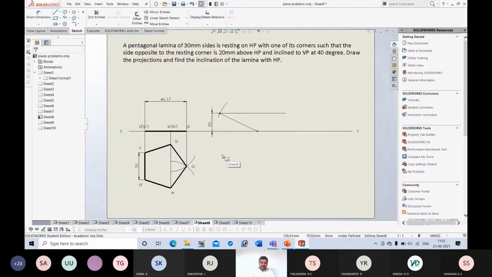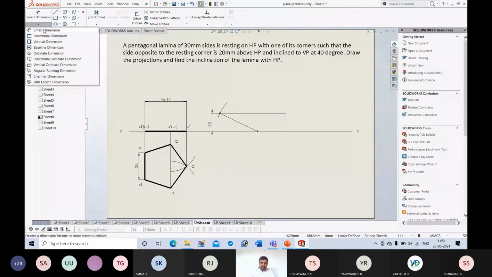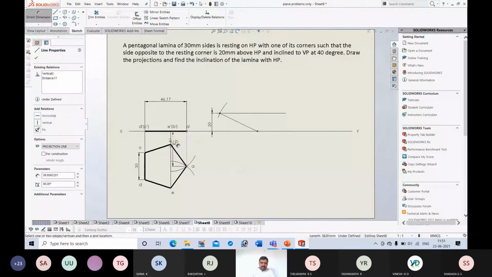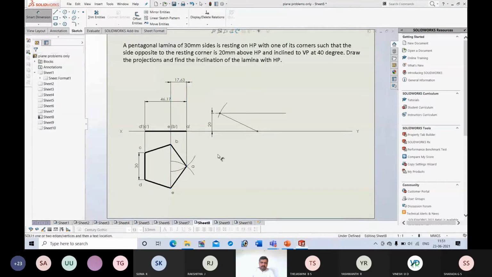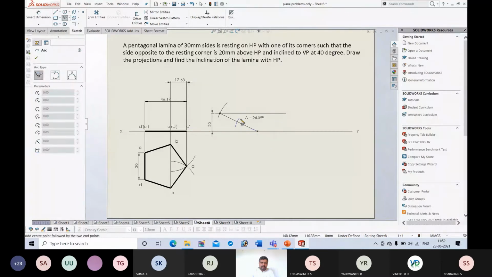Next, locate E dash B dash. So take the distance between A dash and E dash B dash using the compass, one point on A dash, another point, the tip of the pencil, on E dash. Take this as center, again radius 17.63.